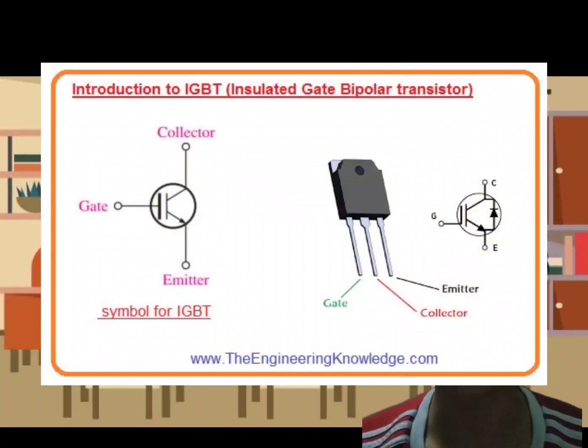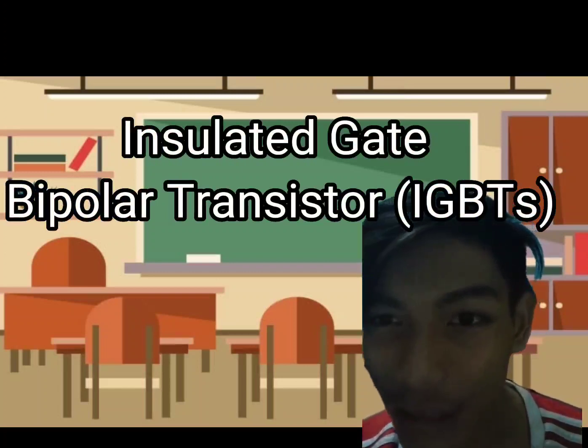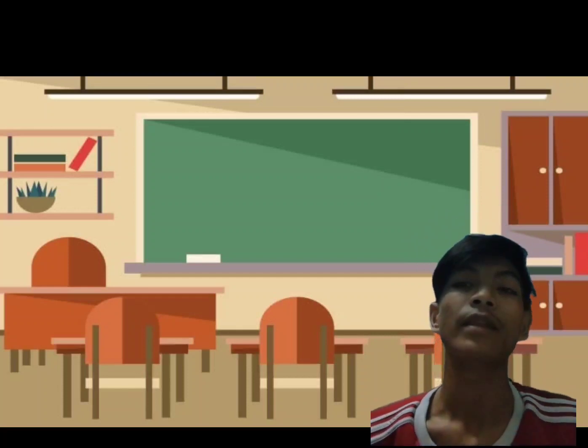And the last one is insulated gate bipolar transistor, IGBT. It is a device composed of semiconductor material and features three terminals.